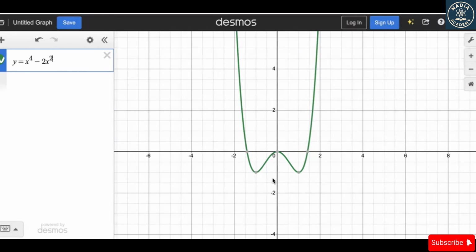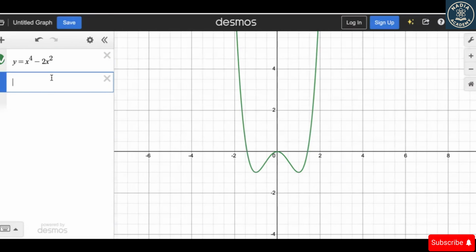If we increase the x value, first this function is decreasing up to this point, x equals -1, then it is increasing up to the origin, above the origin up to +1 it is decreasing, and then again it is an increasing function.